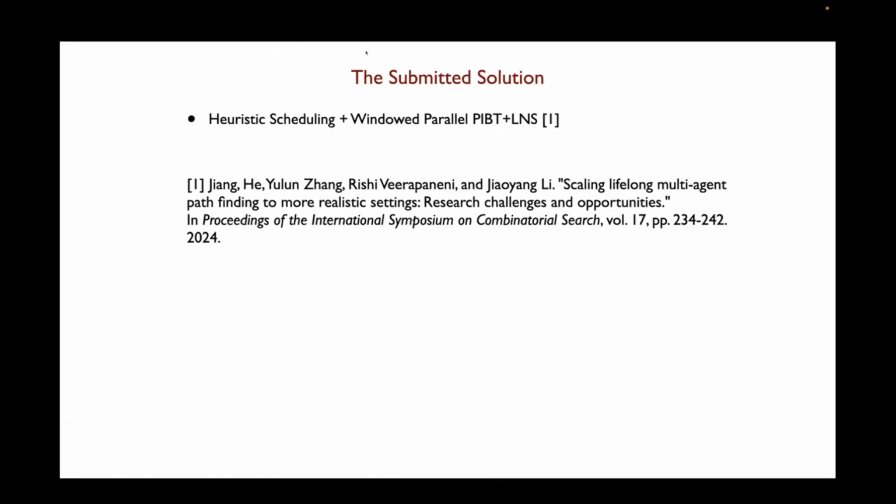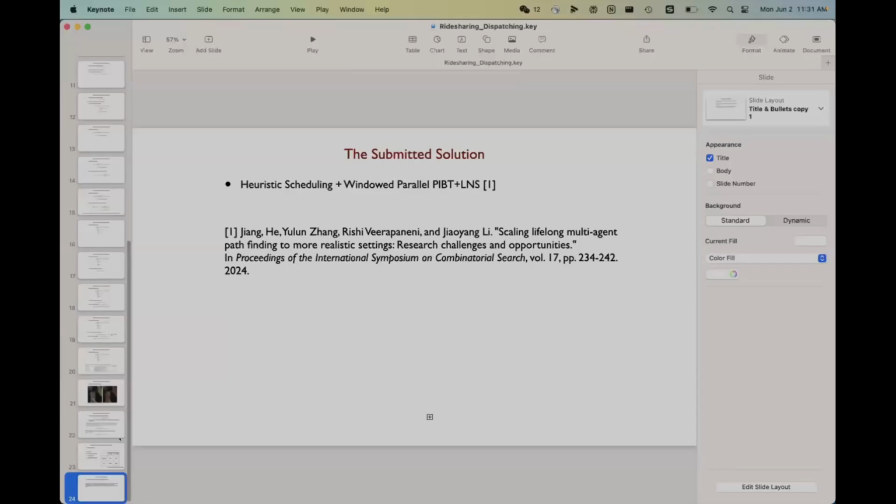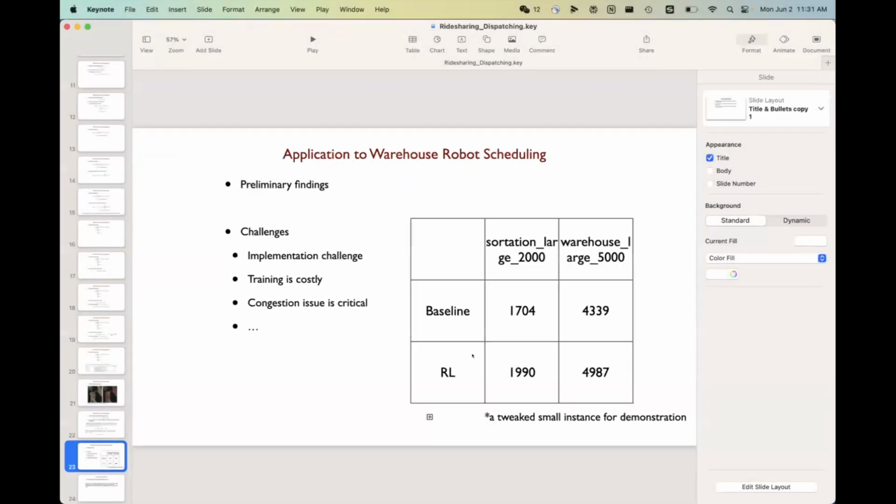I have one quick question. In the last slide, you're showing the result for sortation from the RL approach, right? Is the baseline the approach you submitted to the competition, or what is it a baseline from? Yes, the baseline refers to the one we submitted to the competition, which is a strong baseline.